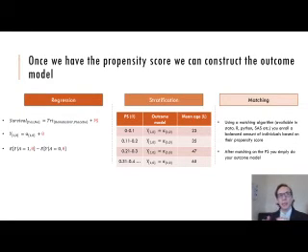And then finally, matching, which is the most common method used with propensity score, is when we take an individual who received the treatment and match that individual to someone who's in the placebo or the control group based on their propensity score.